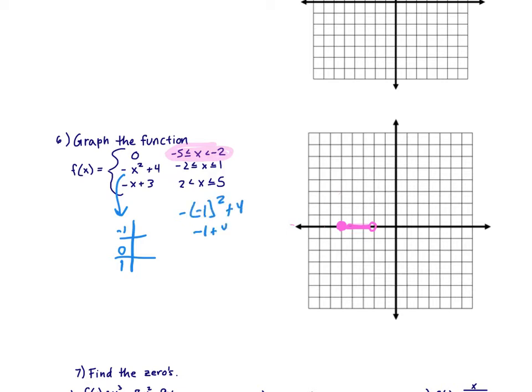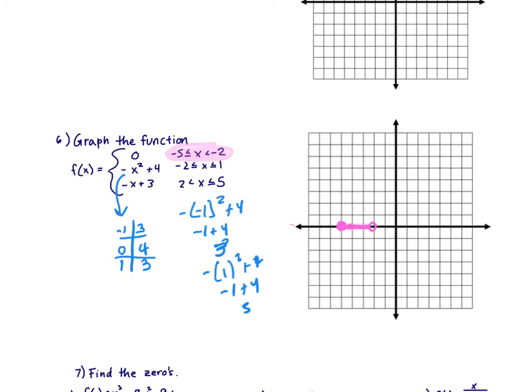So -1 plus 4 is +3, right? So when I plug in -1, I get 3. Now plug in 0, I get 4. And when I plug in +1, what do I get? You get 3 again, because it would be like this. So I get -1 plus 4, 3, okay?